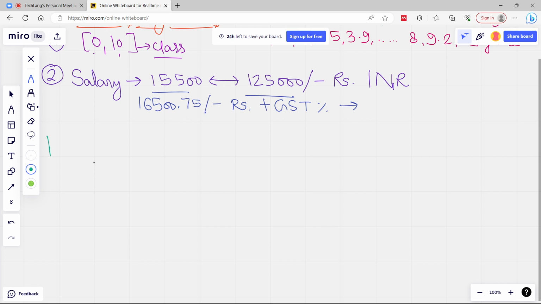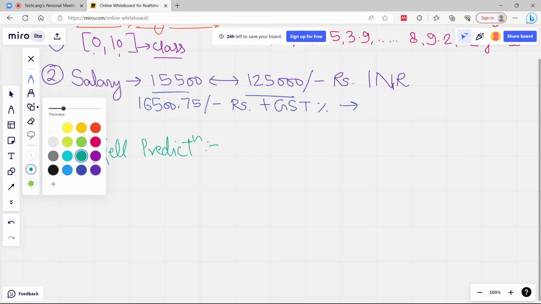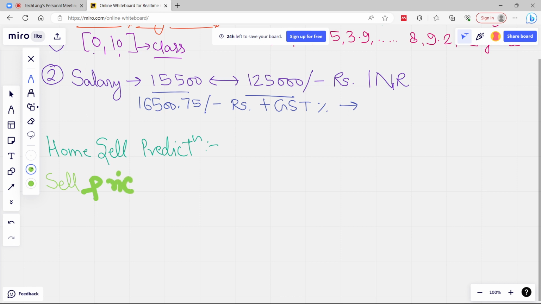Okay. Now let me take another example, home sale prediction. For home sale prediction, let me take some features. For example, the sale price: what is the cost of my flat? And this sale price depends upon different parameters, right?